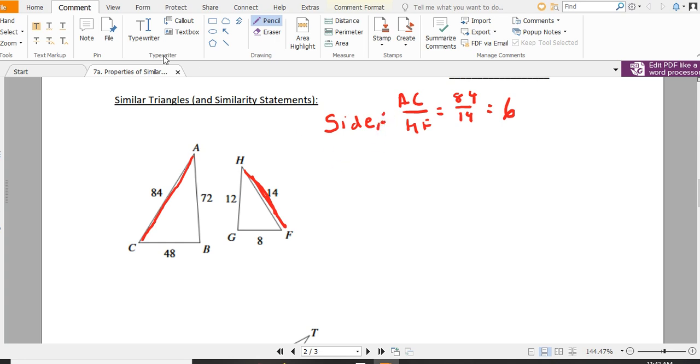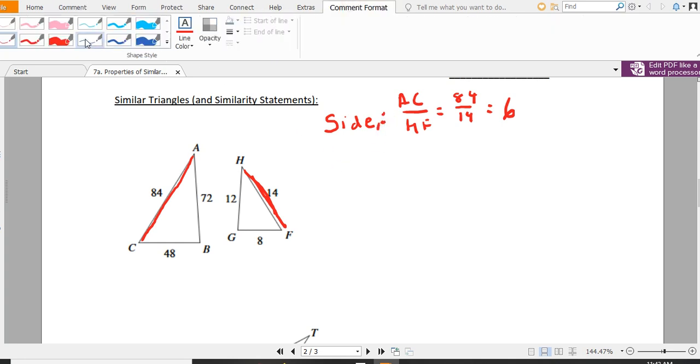Let's take a look at another side, side 2. Maybe I'll look at 72 and compare that with the 12. So if I look at AB over HG, that will be 72 divided by 12. That also equals 6.